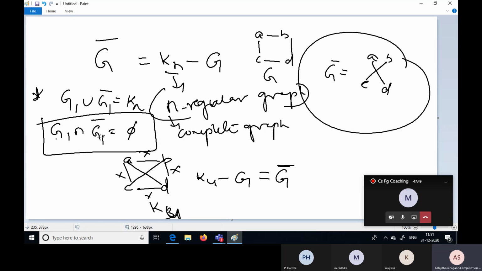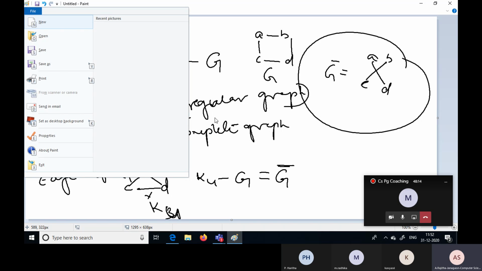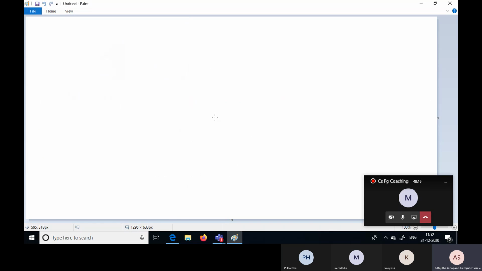These two are disjoint sets because here edge disjoint is there. This is not vertex disjoint, this is edge disjoint. And here it gives the complete graph. Suppose the graph is like this. Here one more graph, the graph is like this.